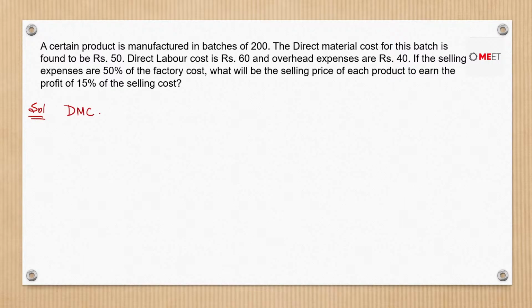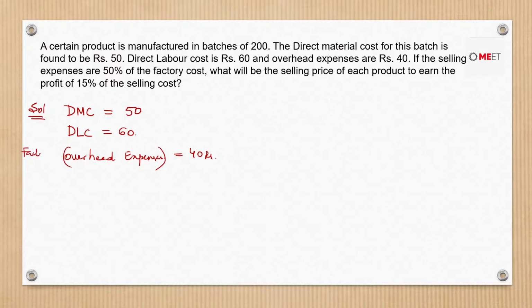Direct labor cost DLC is 60. Overhead expenses, or factory expenses, are 40 rupees. So what will be the selling price of each product to earn 15% profit?